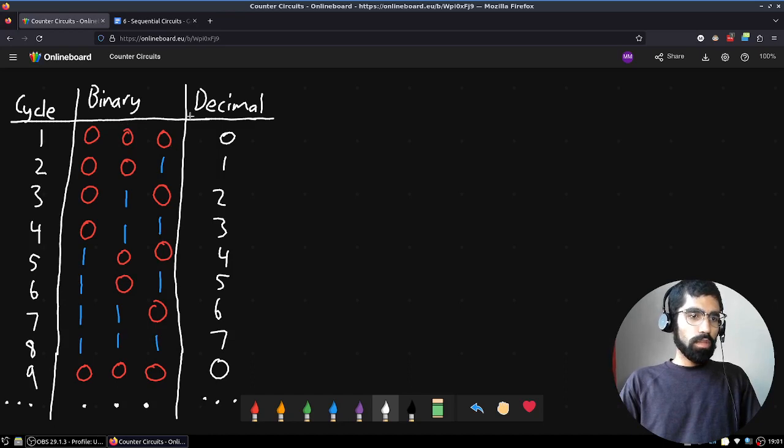Now, one of the patterns I'd like you to note in this table as we count up on the binary number side of things is that if we take a look at the rightmost column, which we might also refer to as the least significant bit, in this particular column, the bit keeps on toggling every single clock cycle.